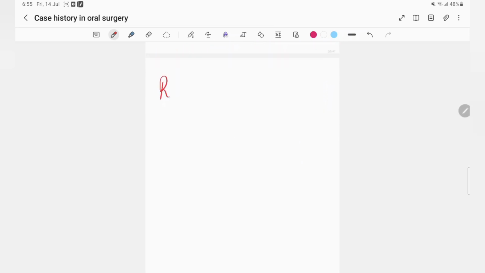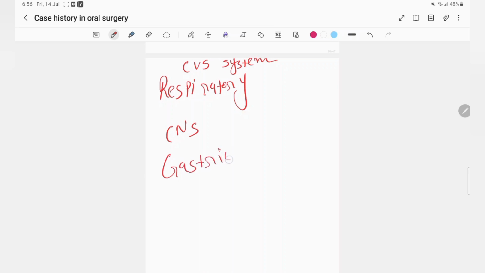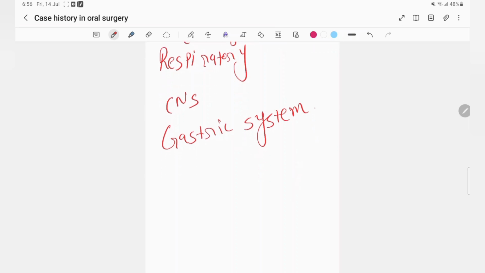For example, you have to start with the CVS system, then respiratory, then CNS and gastric system. For all the systems you have to ask the patient, do you have any disorder or any diseases related to any of these systems? Then also you have to ask about any infectious disease.